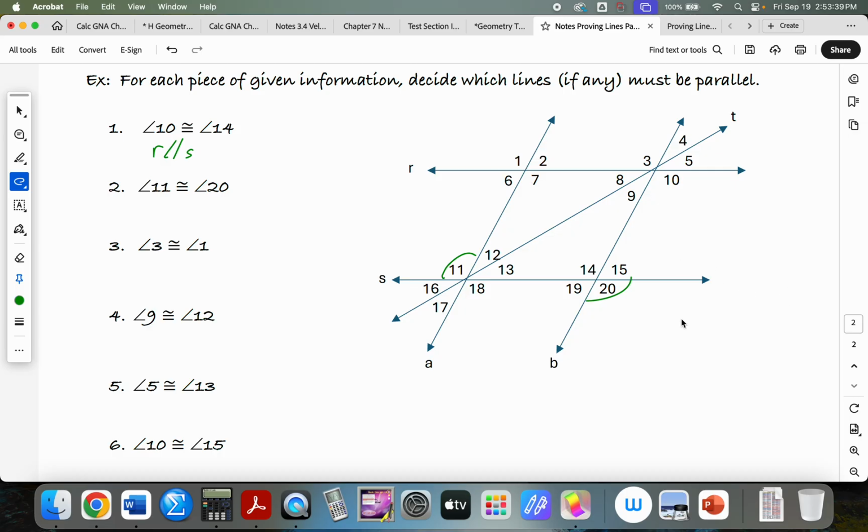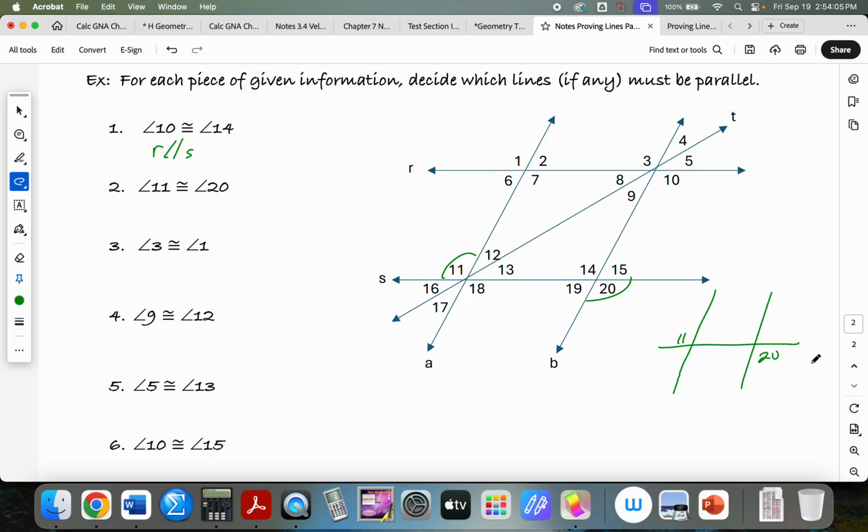I need S and A. And there's angle 11. Which ones do I need for 20? B and S, right? And it's a little easier to see because there's not all that other junk there in the middle.